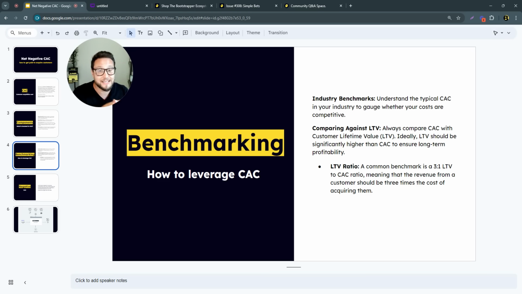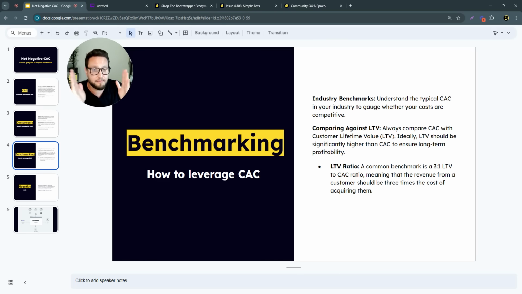And then also tied to that is this other thing called value delivery, which directly connects to your LTV, or your lifetime value. So we want to understand what it's costing in our market to acquire a customer, how we're performing, and then we want to compare that cost of acquiring a customer to the lifetime value of that customer, meaning how much revenue is that customer generating for us after we have acquired them, right?